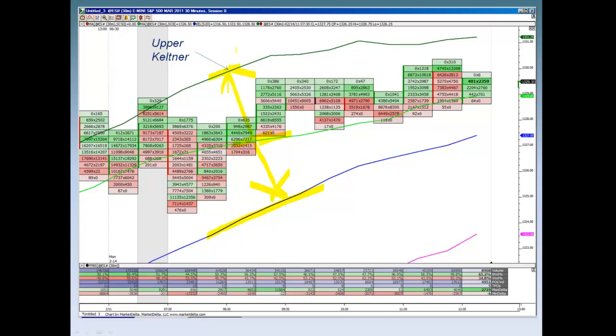If in fact the prices are heading to the upside and they're trading outside the Keltner channel, that is certainly a more powerful move to the upside, and my expectations would be a little bit greater from a move of that type. So what I'm trying to get you to learn to do is discern or extract information about the market simply by looking at where price is relative to the Keltner channel.